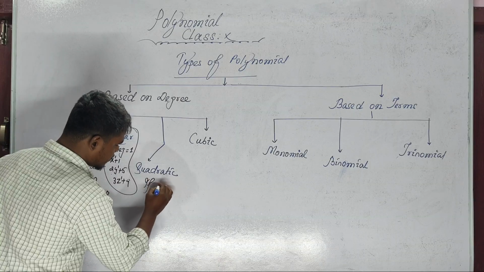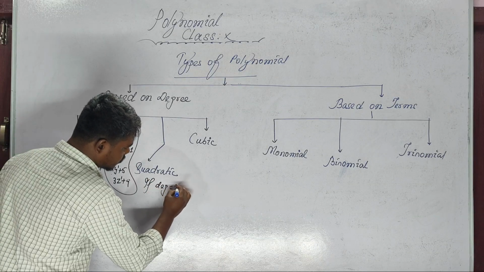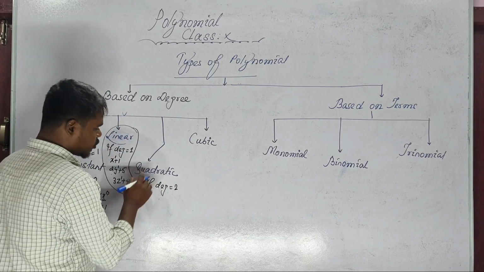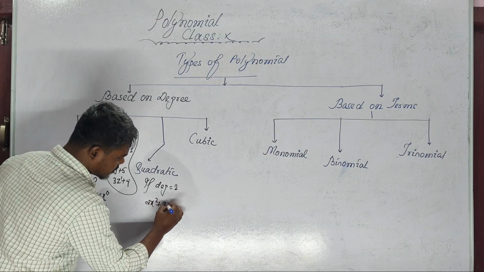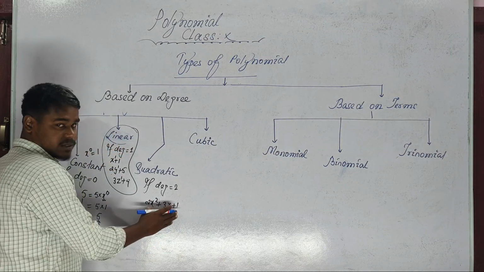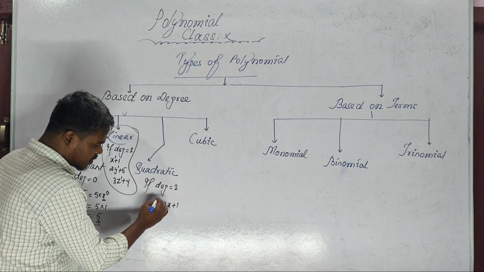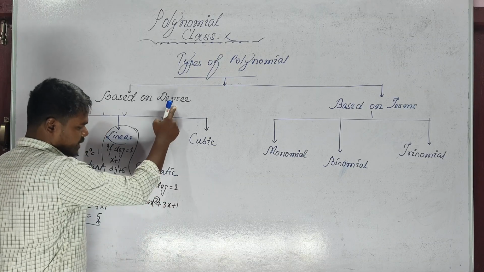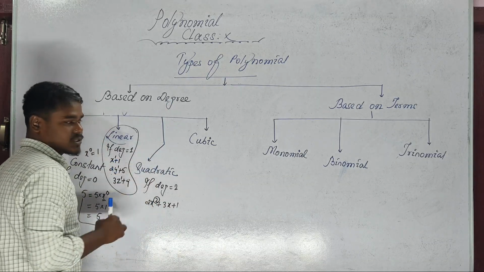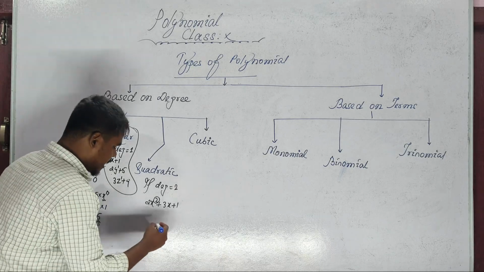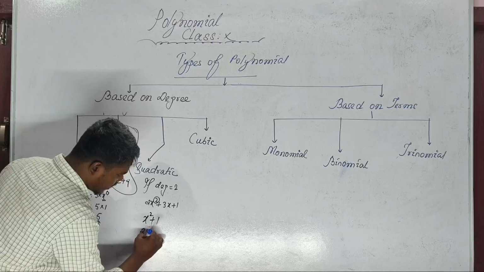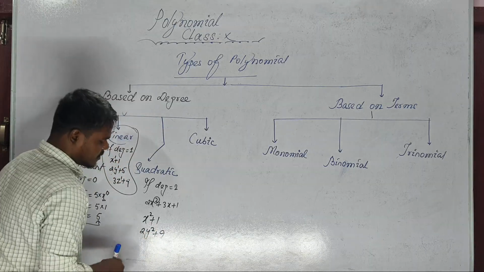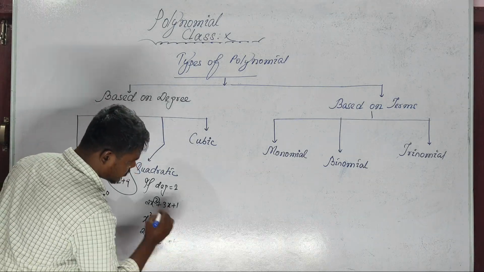If degree is equal to 2, this polynomial is called quadratic polynomial. Suppose 2x square plus 3x plus 1. Here the highest power on the variable is 2, it means degree 2. That's why this polynomial is called quadratic polynomial. More examples: x square plus 1, 2y square plus 9, etc.